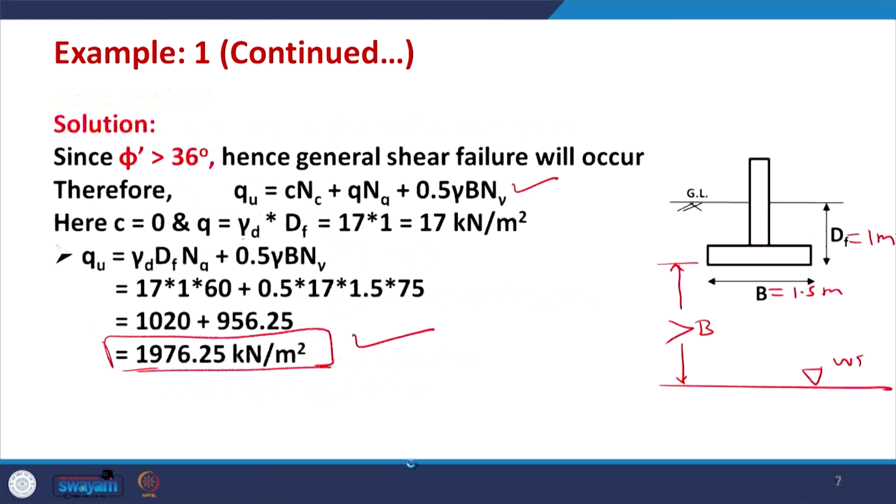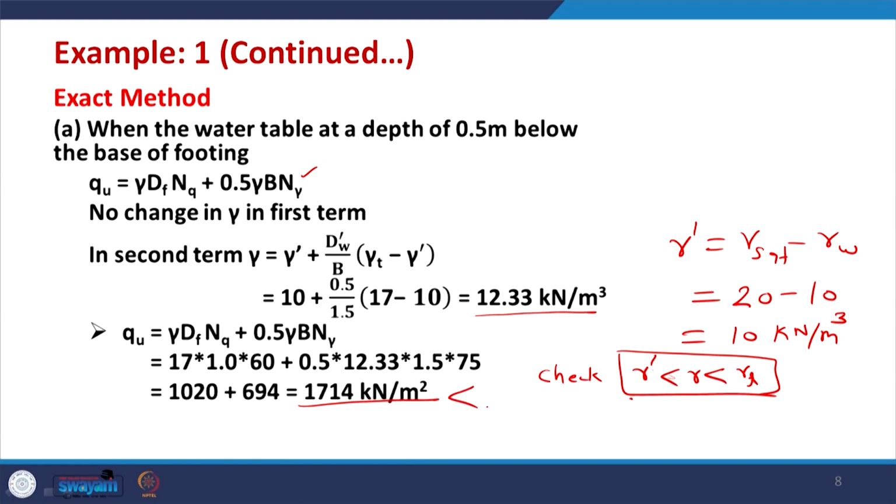So, the final value you obtain should be lower than the value calculated in the previous slide, which was 1976. So, this is okay, this is less than 1976 kilonewton per meter square. If it comes out more, then you have made some calculation mistakes, so that needs to be checked.